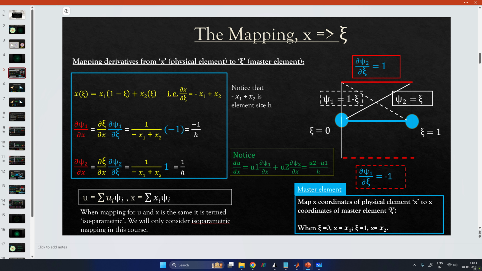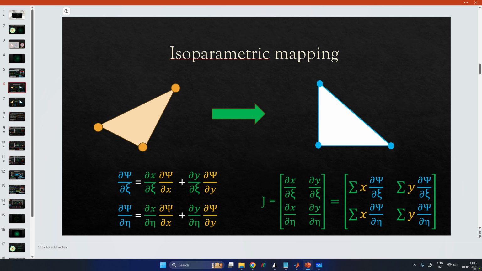Even when we did the integration, we just multiplied by this ratio so that it would scale the integrand correctly. Now we have to do this in 2D, and this is slightly more complex, so we cannot just do a single operation. Let's see how to do this.